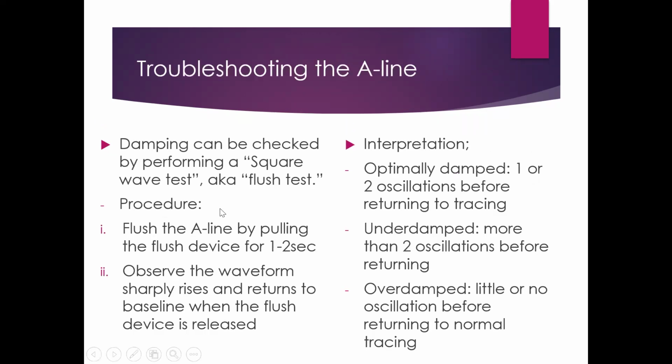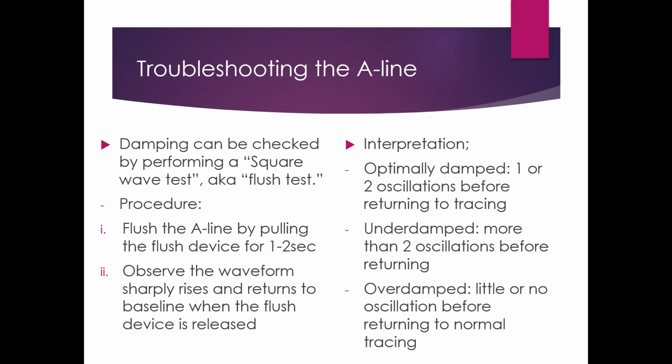So one of the things that we must regularly do is check. We can do a damping check by what we know as the square wave test, or the flush test. Every arterial line kit has a flushing device. It can either be something you pull or something you close.